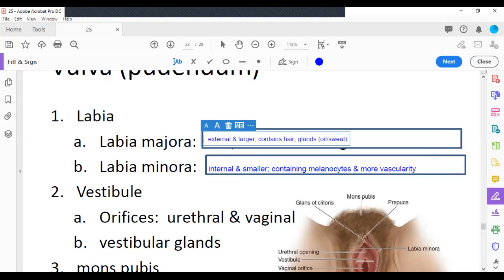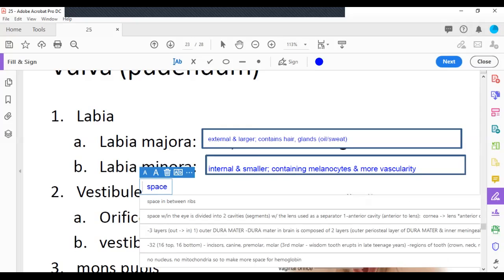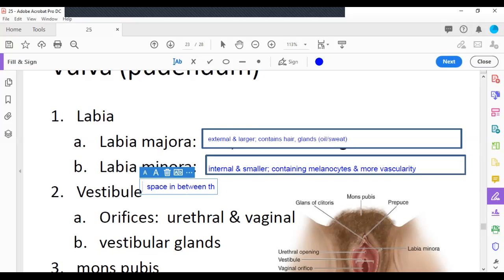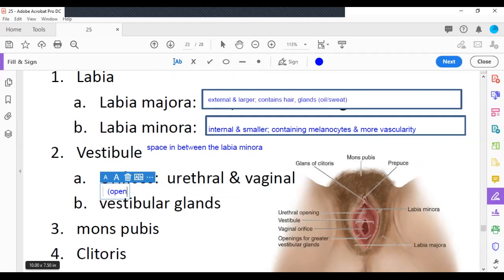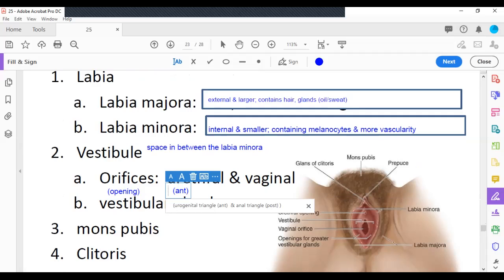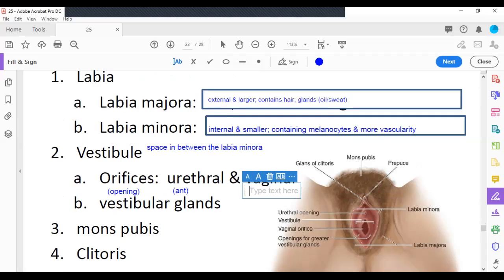Now, the vestibule is a region, a space in between the labia minora. In this space, there are openings as well as glands. The openings are known as orifices, a fancy term for opening. You have two openings: the urethral orifice, which is more anterior, and the vaginal orifice, which is more posterior.